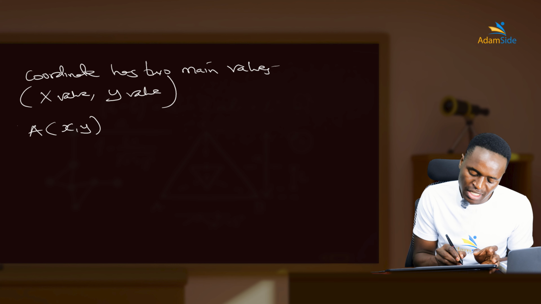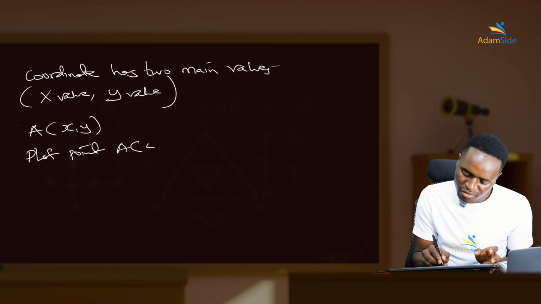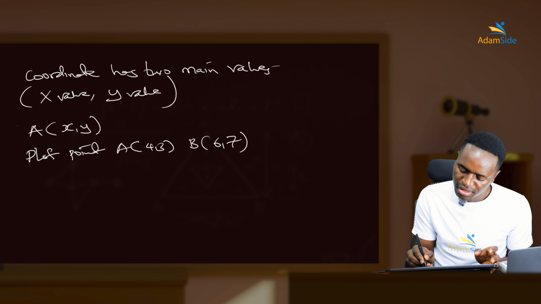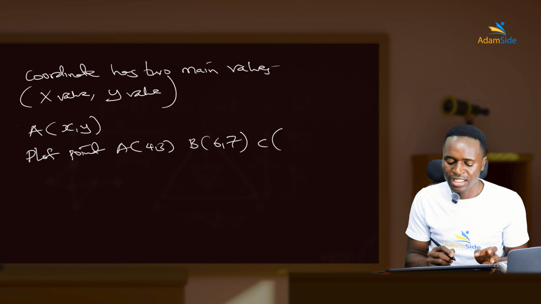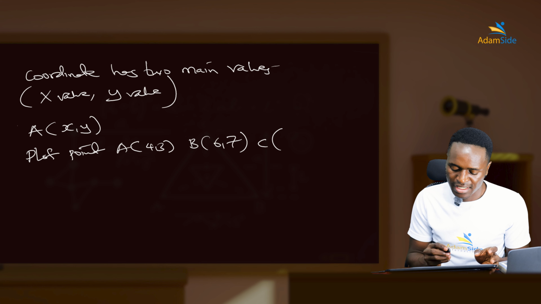For example, if you're told to plot point A, which is (4, 3), B, which is (6, 7), and C, which is (2, 5), what do we do in the Cartesian plane?